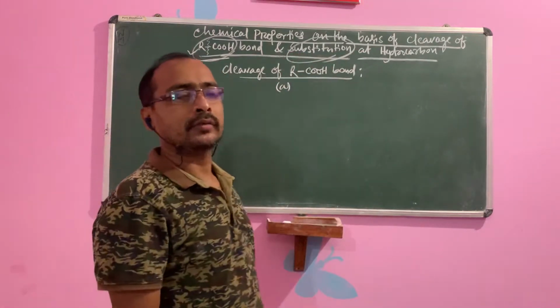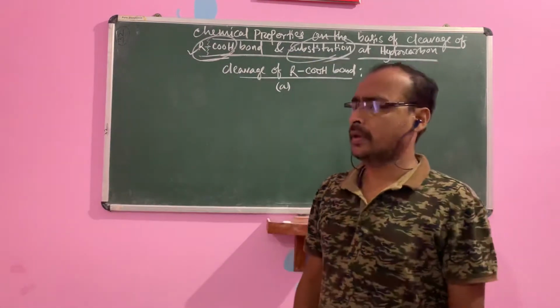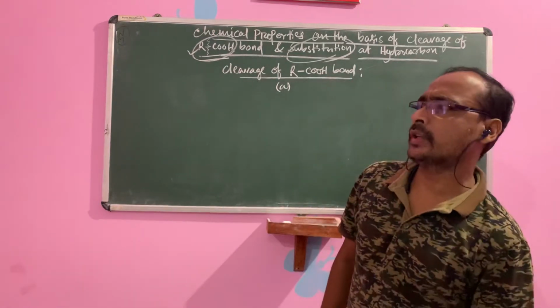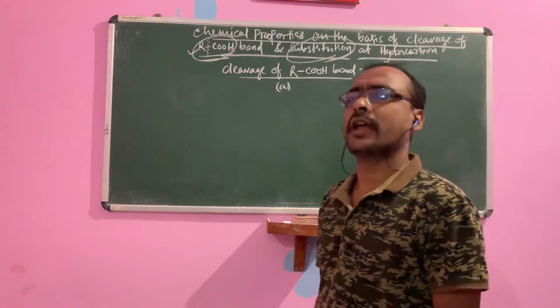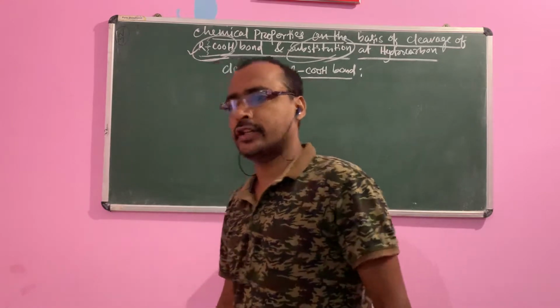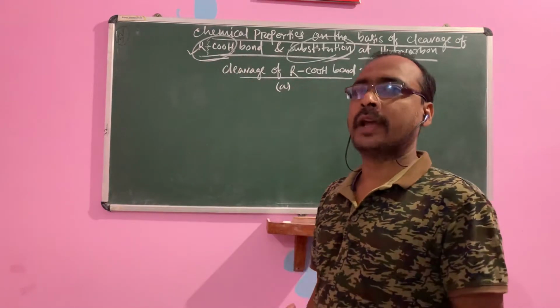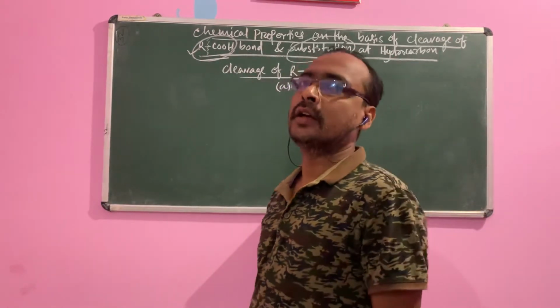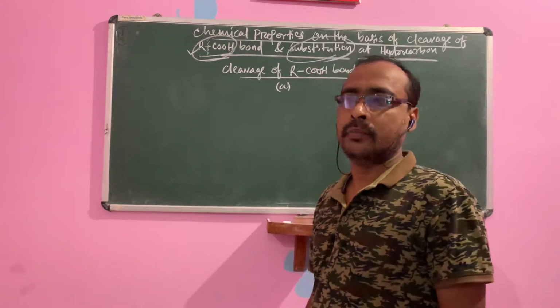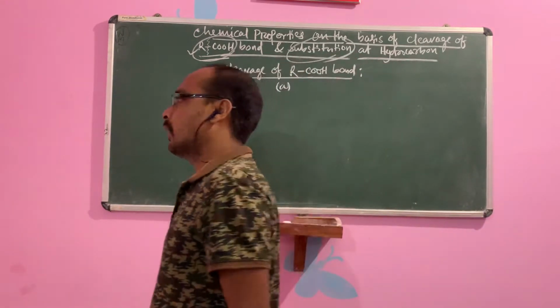First one is a reduction. Children, if a carboxylic acid is reduced with lithium aluminum hydride, LiAlH4, or diborane, that is B2H6, then it will form alcohol.